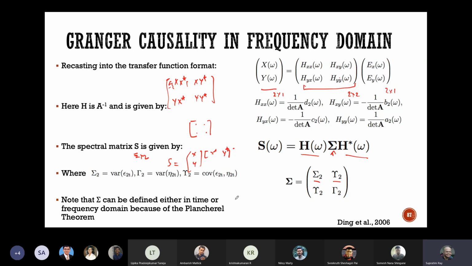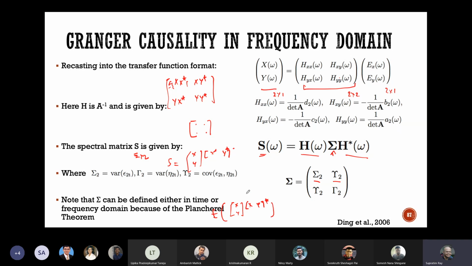Okay, maybe I didn't explain this properly, so let me try this one more time. I've got the XY matrix here, and I'm interested in finding the spectral matrix, which is just a 2 cross 2 matrix containing the auto and cross spectra. That's it. To do that, I just need to look at the expectation of this matrix with its conjugate, like so.